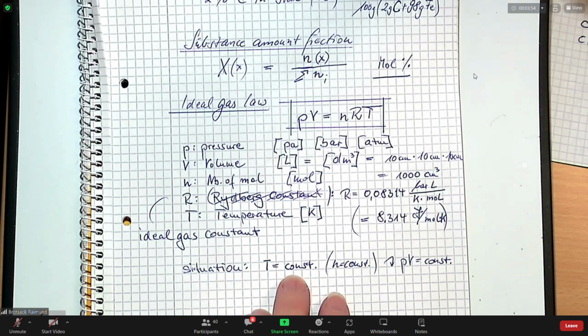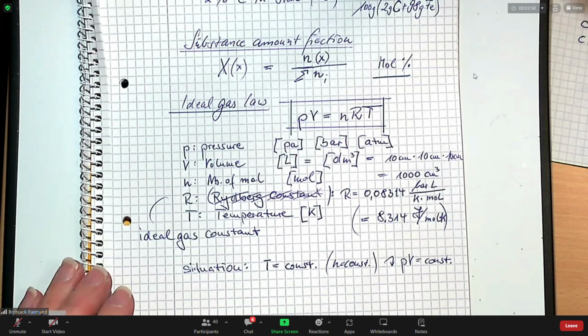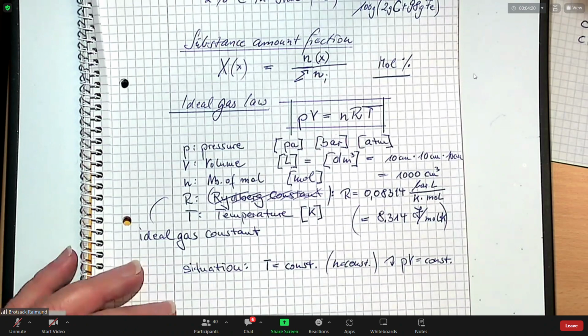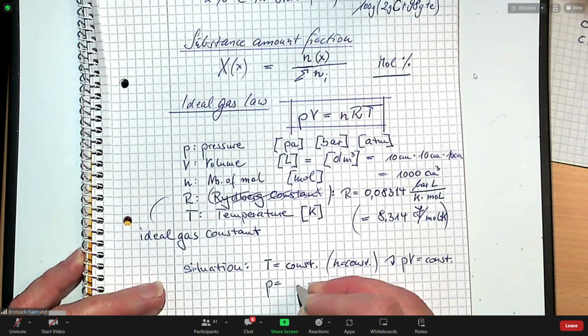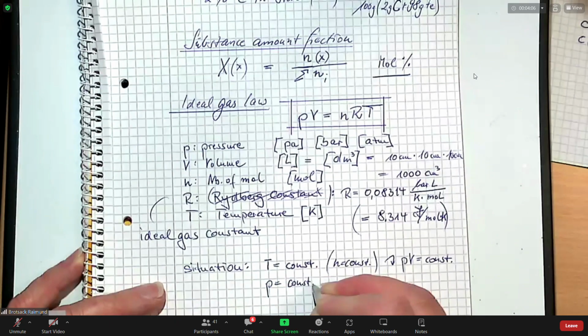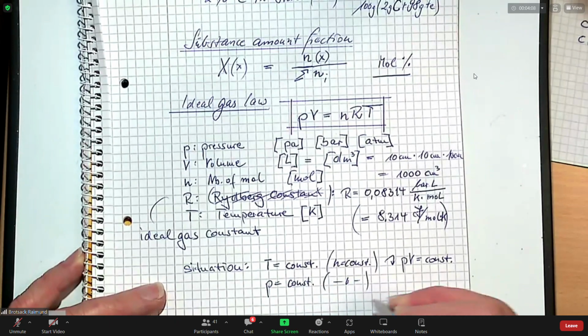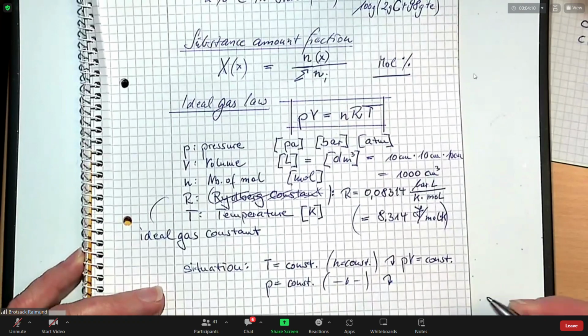So T and N constant means PV automatically is constant. Another situation: if P is constant and N is constant, what does it mean now?